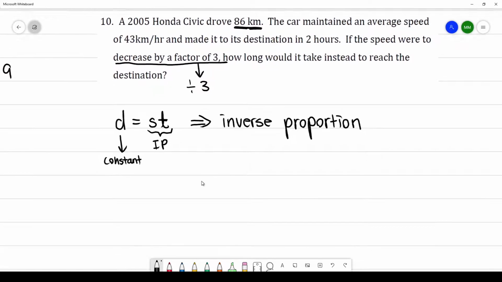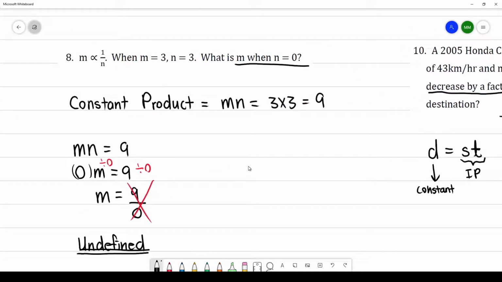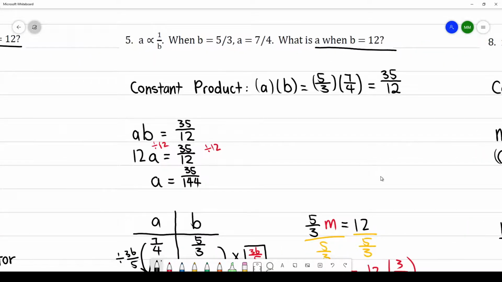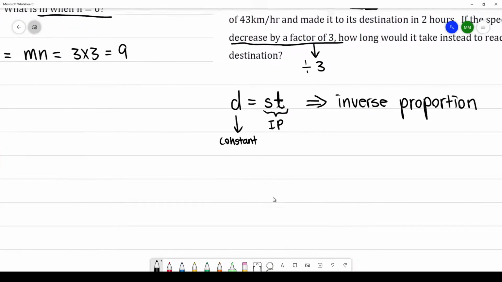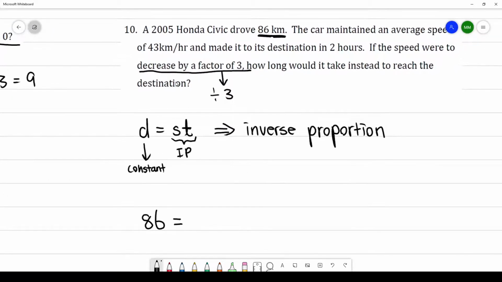Okay, so actually we already know what the constant product is. So we can actually just do this part over here. You know the distance is 86, and that's equal to, so what's the speed?